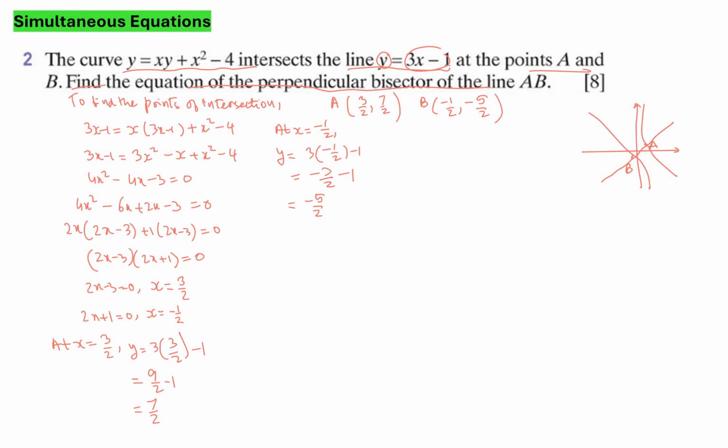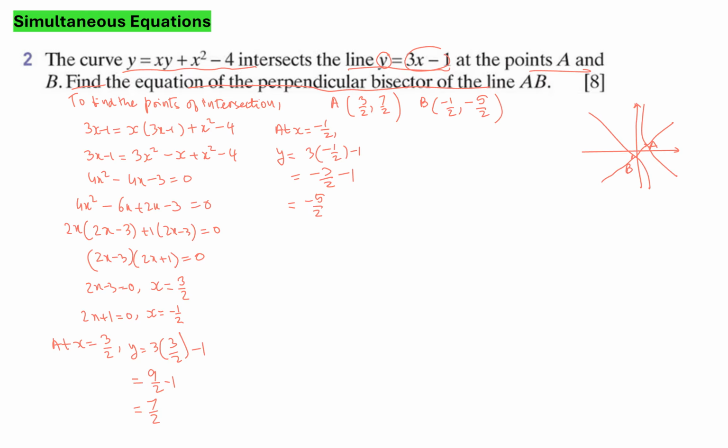So the next thing to do is find the equation of the perpendicular bisector of the line. First we need to find the midpoint of AB, the gradient of AB, and the gradient of the perpendicular line.